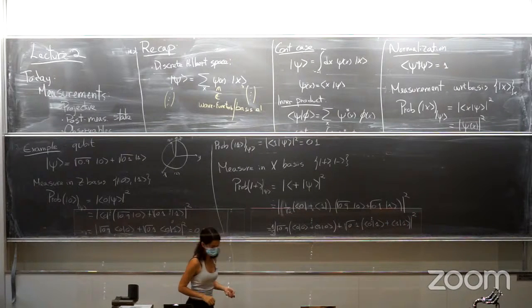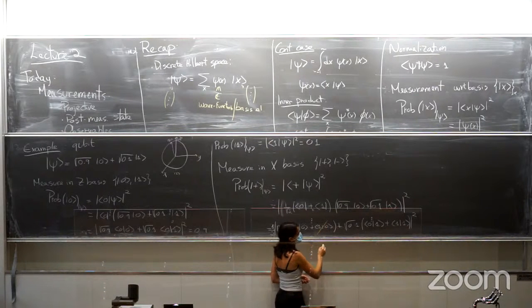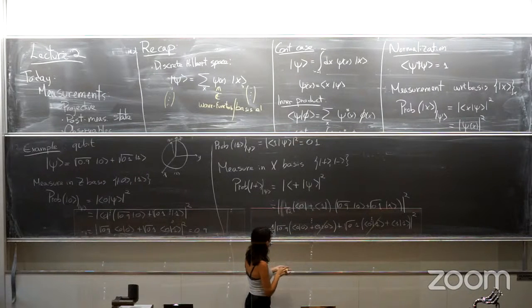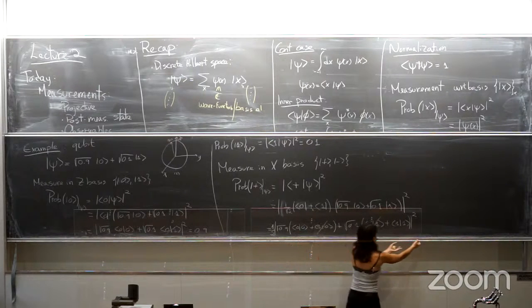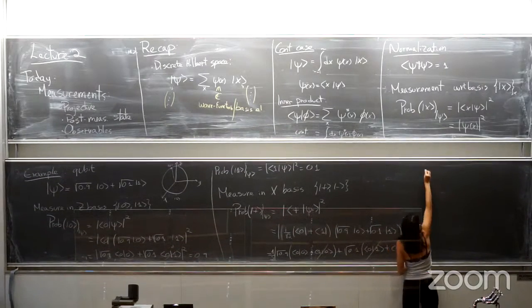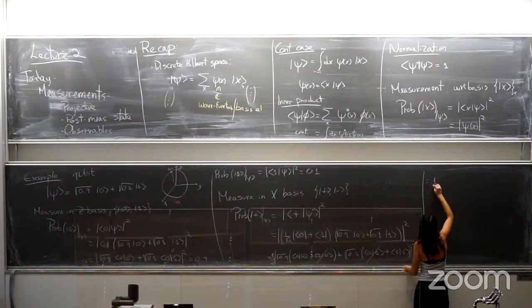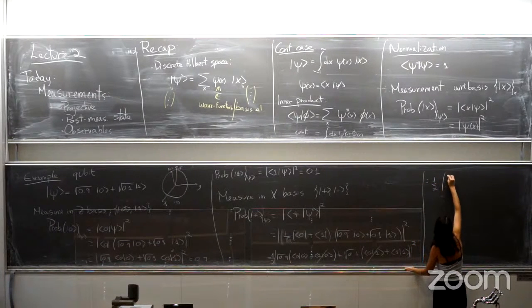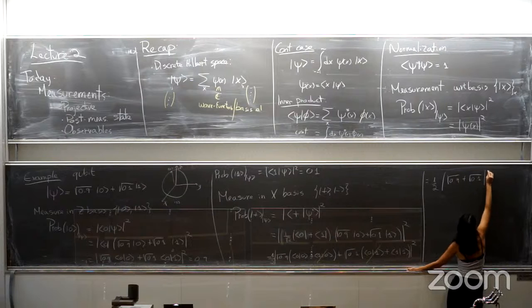Okay, and now let's kill the orthogonal ones. So this is 0 and this is 0. So we have these two survivors, <0|0> and <1|1>. What we end up with is 1/2 of the square root of 0.9 plus the square root of 0.1, squared.